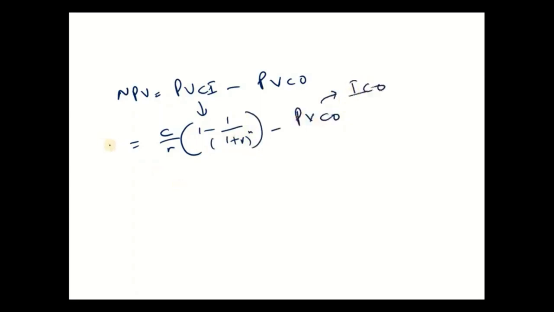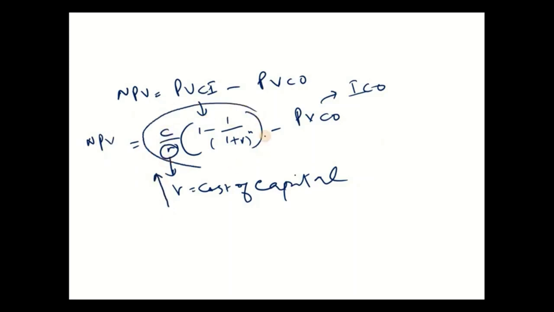Okay, so if you see in this formula, if we increase this R, where R is the cost of capital, what will happen? This answer will go down, the answer will be less, and our NPV will also decrease.